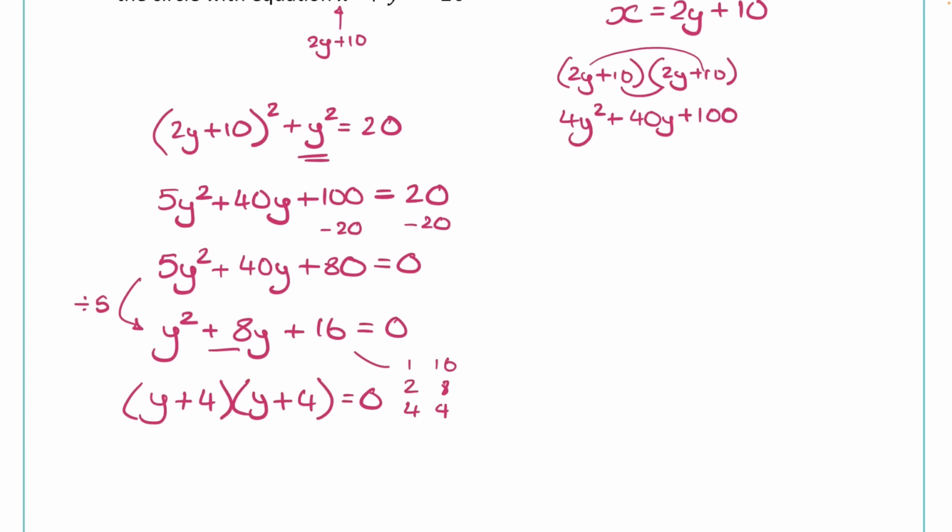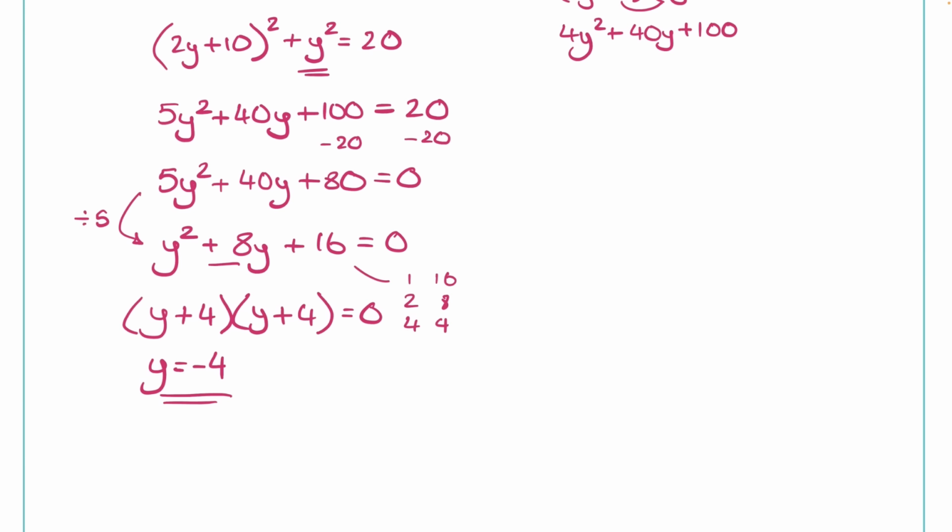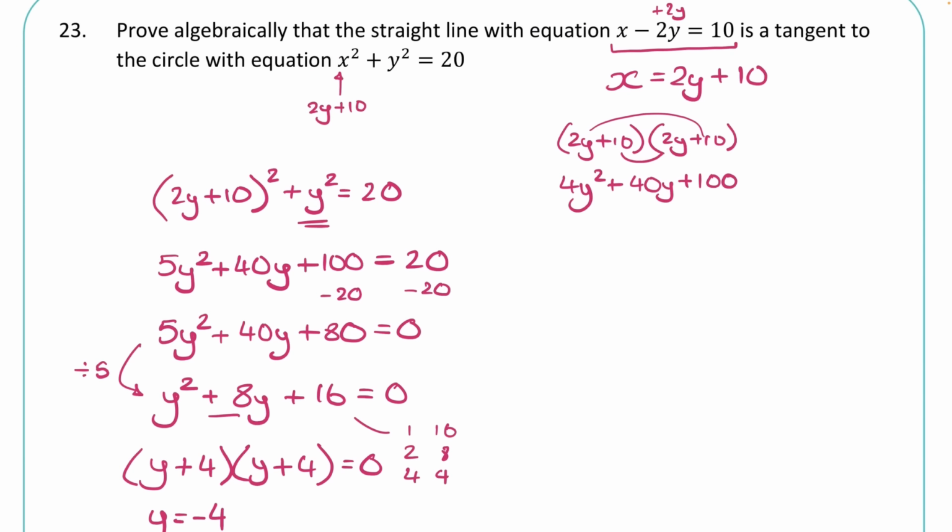That equals 0. That gives me one solution. Y is equal to negative 4. I'm not going to write it twice. We get the same solution for that second bracket. Now normally, of course, with a quadratic simultaneous equation, we would substitute that back into the x equals formula. So if x is equal to 2y plus 10, well, when y is equal to negative 4, we get x is equal to negative 8 plus 10, x is equal to positive 2.